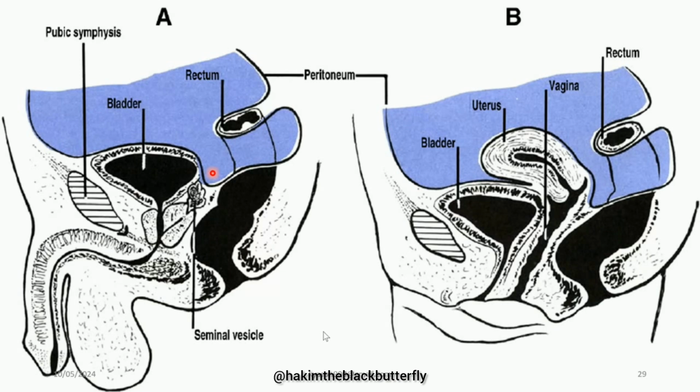Still, you look at the structures close to the pouch and name it. I think it's the rectovesical pouch. As simple as that. It is the rectovesical pouch. Okay, rectovesical pouch.